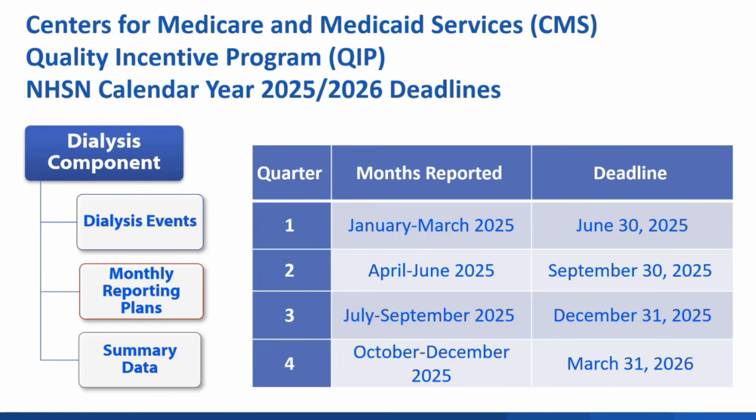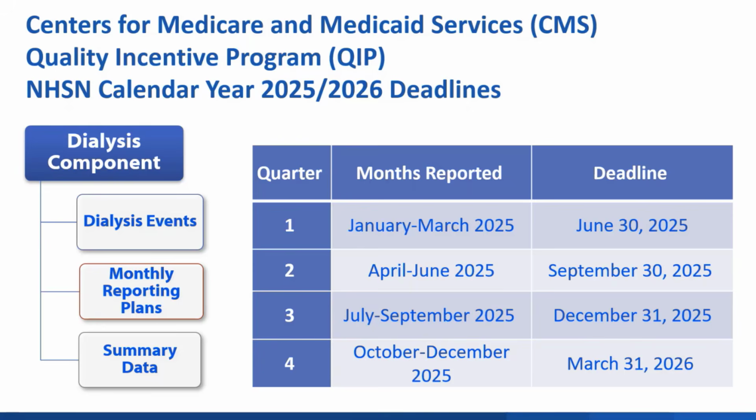When doing this, in order to receive credit for the ESRD QIP measure, you must complete all 3 of those steps successfully for all 12 months within each ESRD QIP deadline. So in front of you is a table that contains all the deadlines for 2025 for all 4 quarters. So for Q1, the deadline has passed.